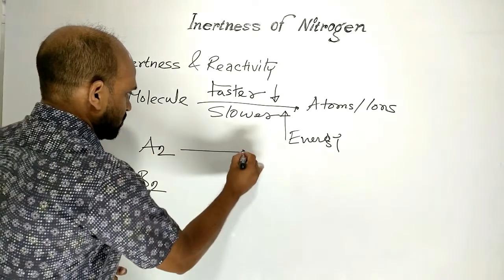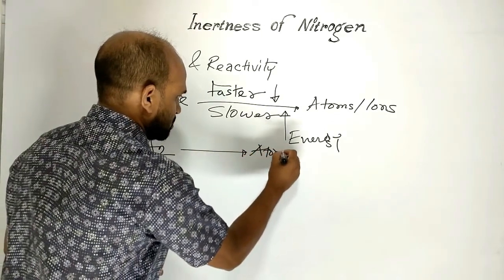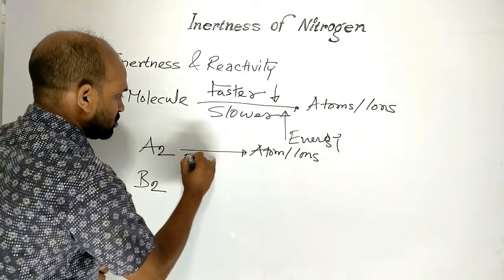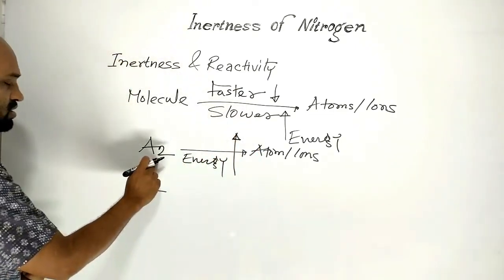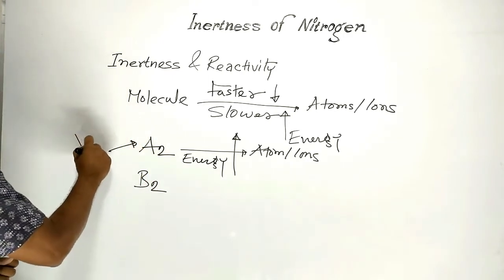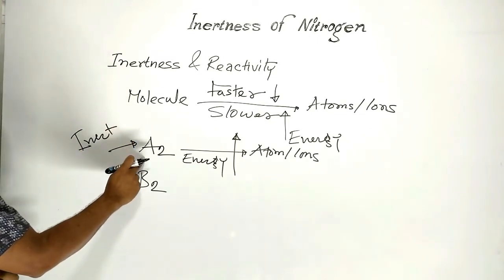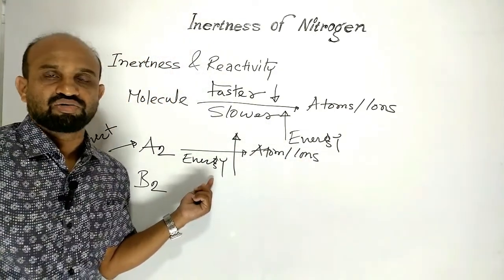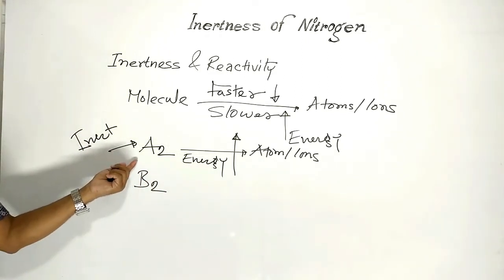If molecule A breaks into atoms or ions with a high amount of energy, then the molecule will be called an inert molecule, because it breaks into atoms or ions with a high amount of energy. That is why it's a kind of inert molecule.